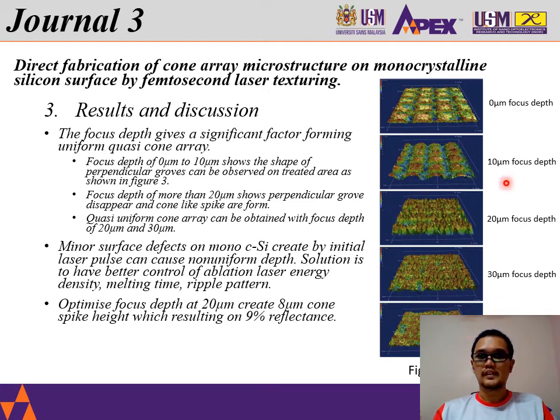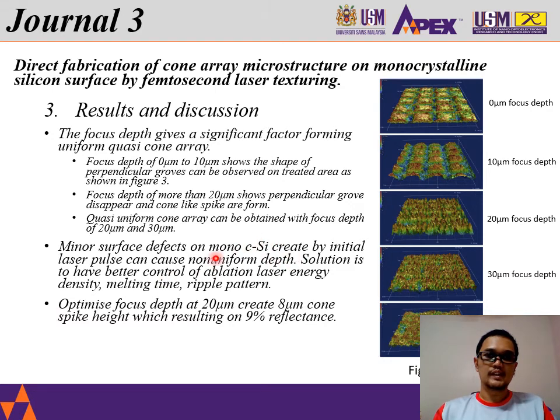Therefore, in this parameter, we can make use of 20 micron and also 30 micron to understand which are the most optimized parameter in terms of focus depth. And minor surface defects on monocrystalline silicon created by the initial laser path can also cause a non-uniform depth.